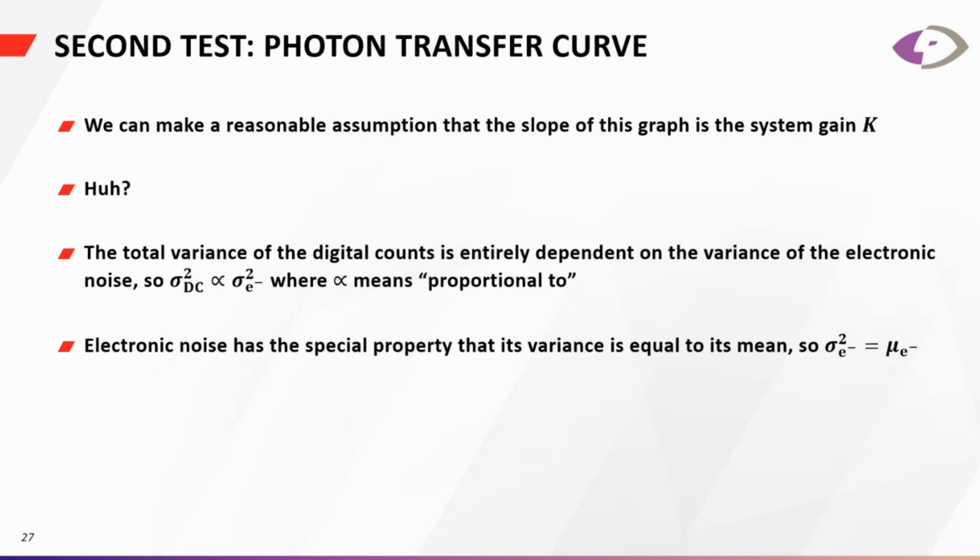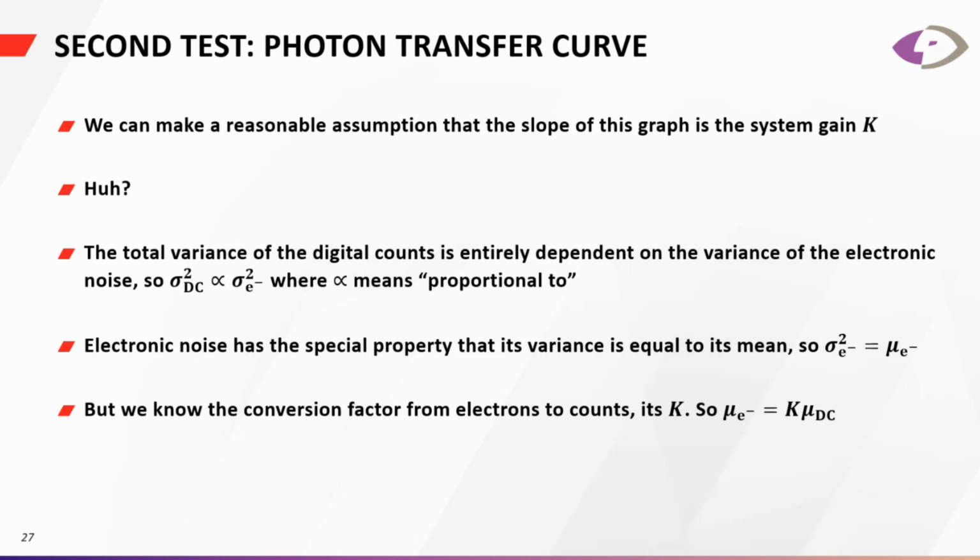But we know the conversion factor from electrons to counts. That's just K, the system gain. So the average electrons coming through is equal to K times the average digital counts. And thus, the variance in the digital counts is proportional to the system gain times the average of the digital counts, where here we just replaced the average electrons coming through with the variance on those electrons coming through.